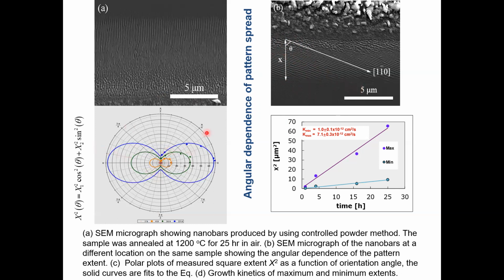So we do a polar plot, and we can see that this is the extent of spread along the easiest direction, or 0 degree theta if you wish. And this is the other axis, the slowest spread direction.